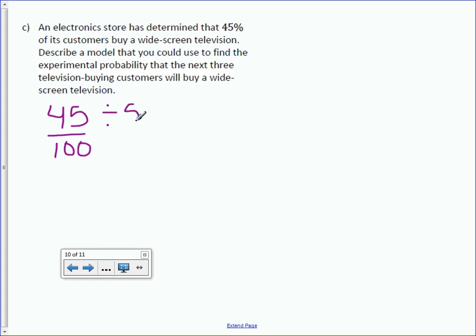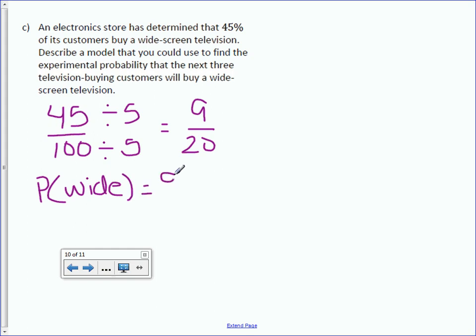This one we can divide by 5, and we would get 9 out of 20. So the probability of widescreen is 9 out of 20, which means the probability of not widescreen is 11 out of 20 because 9 plus 11 equals 20.